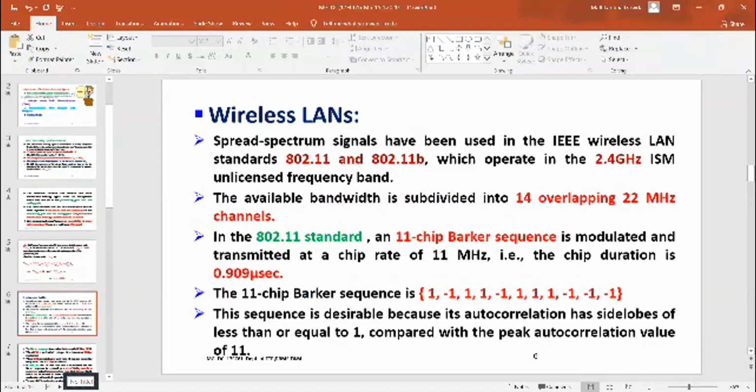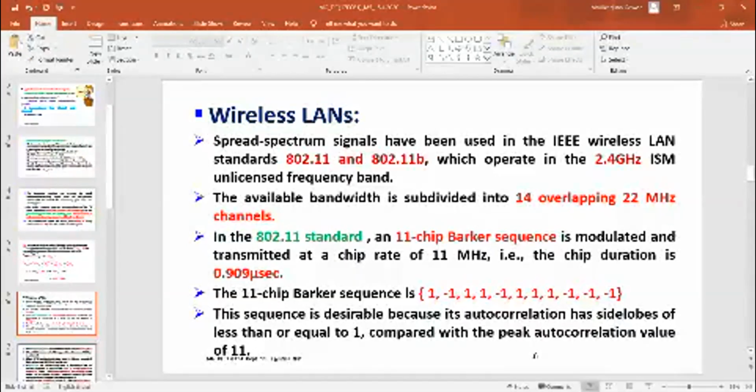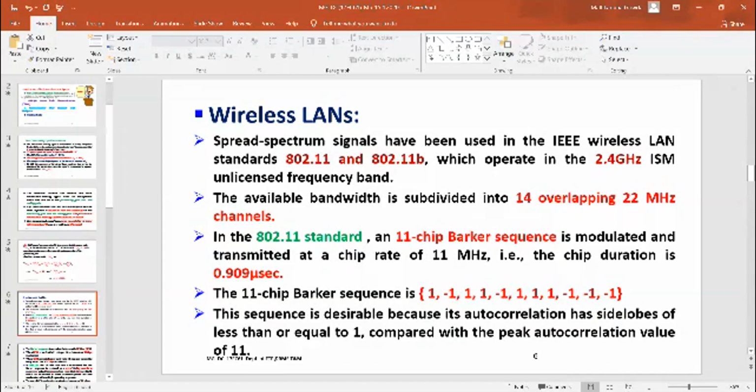These are the two wireless local area network standards which operate in the 2.4 gigahertz ISM frequency band. What is done here? The total available bandwidth is subdivided into 14 overlapping 22 megahertz channels. Out of these, all channels are not used at all places; only a few channels are used. Channels 1 through 11 are used in the United States, I said.